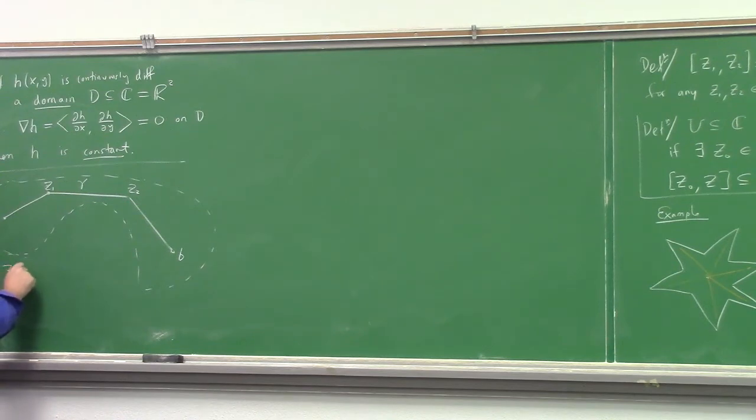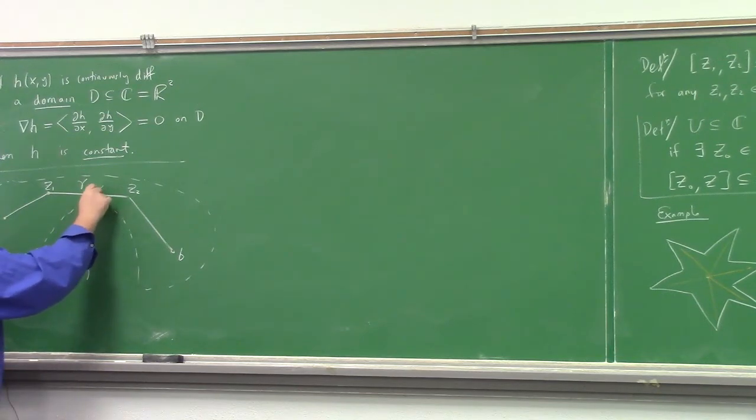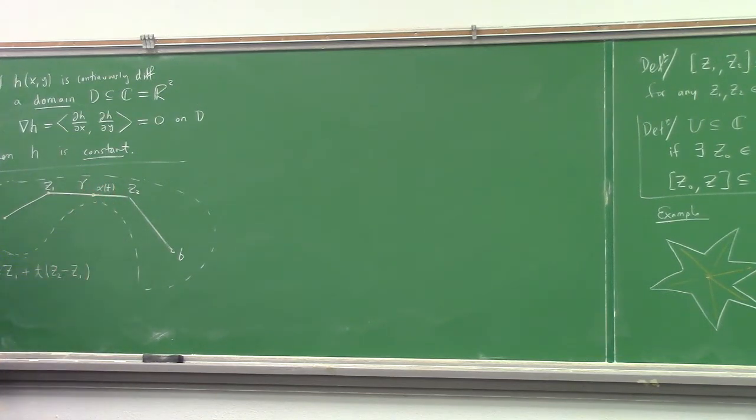Z1 plus t times (Z2 minus Z1). This is a parameterization. I'll use alpha: alpha of t is the parameterization of the line segment which goes from Z1 to Z2. So here's the point alpha of t, somewhere in there, for 0 less than or equal to t less than or equal to 1.